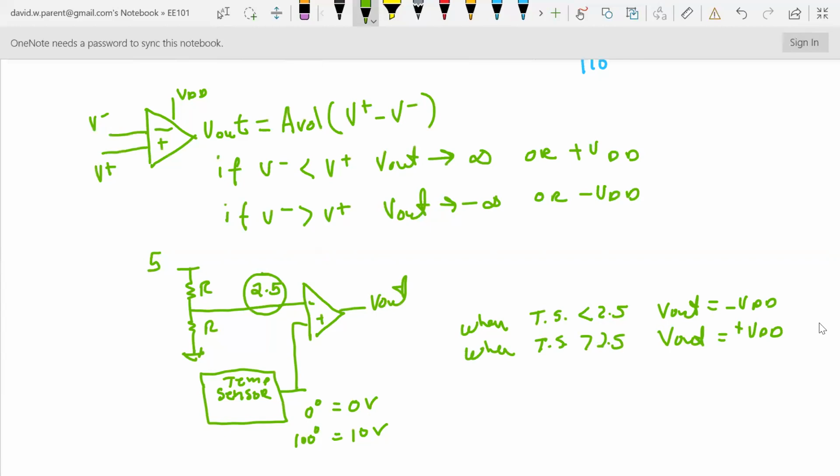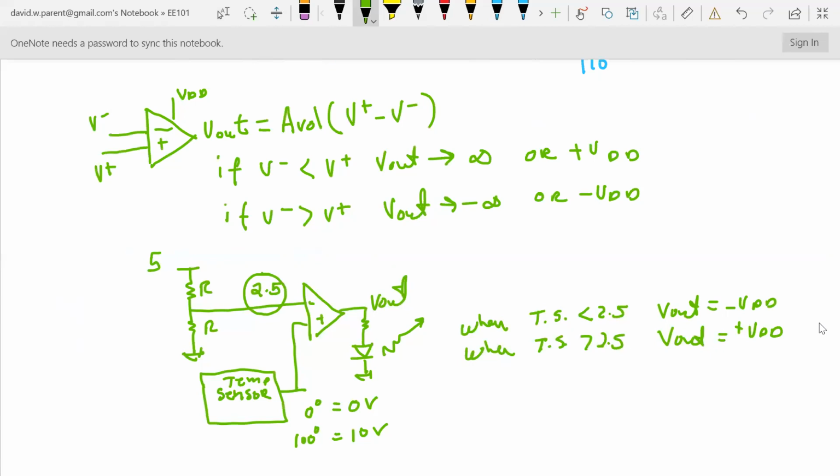That temperature sensor could go on a human, and if you have a fever, the temperature rises beyond this reference, this goes to positive VDD, and an LED turns on. So it doesn't tell you the temperature, but it tells you that it's exceeded. Take any sensor that converts something to a voltage, and you can set a trip point with a comparator, all right?